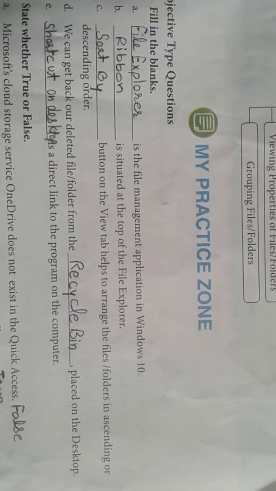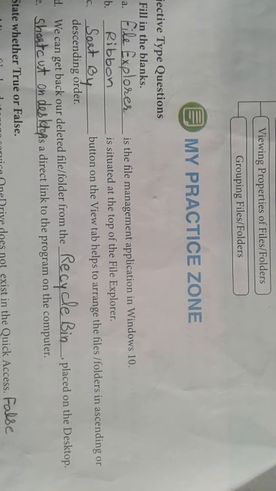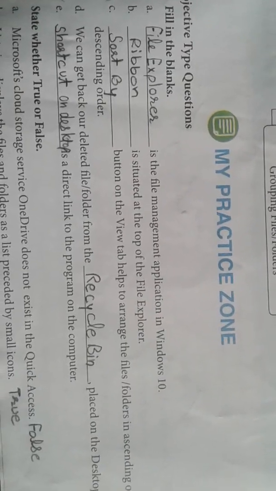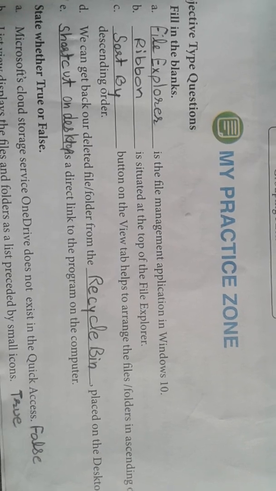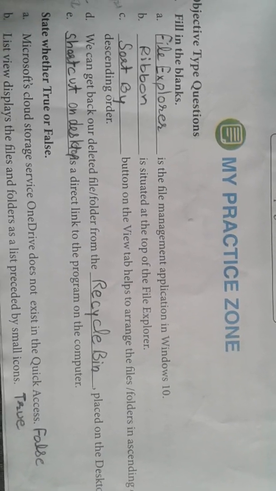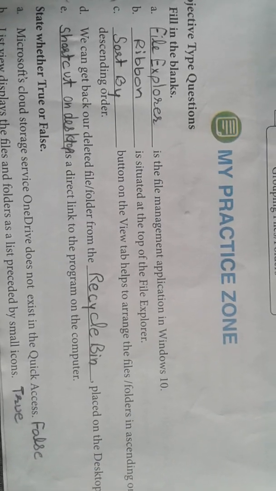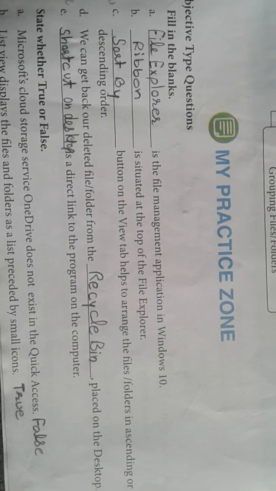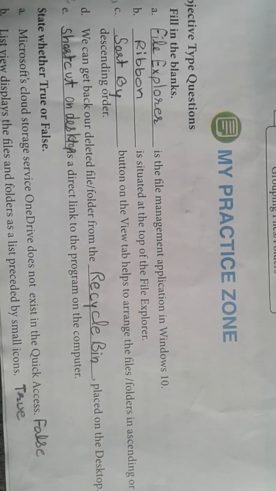The next one, we can get back our deleted file or folder from the recycle bin placed on the desktop. Everybody knows that. Some of you have this type of facility in your mobile phones also. Sometimes unfortunately we deleted the necessary files also. So what we can do is we can restore that particular file from the recycle bin.